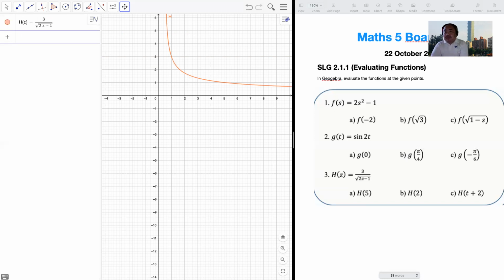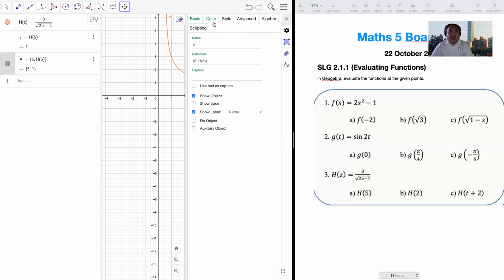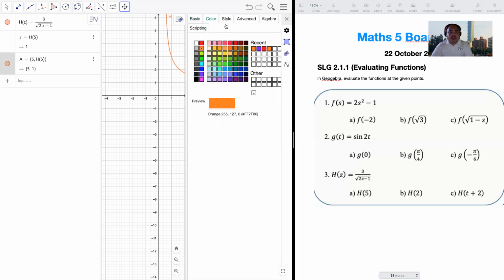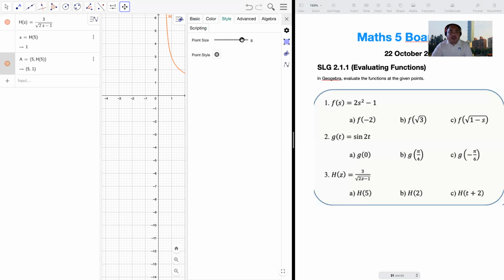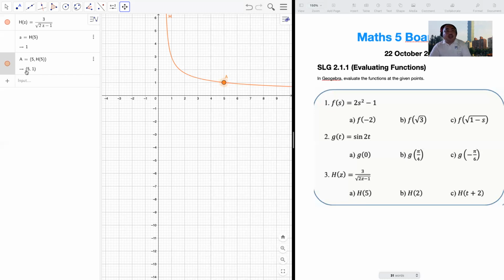So just like before, if you want to figure out what is h of 5, then just write h of 5. And if you want to see the point on the graph, then you write the point 5, h of 5. Very easy. Okay, how about h of 2?